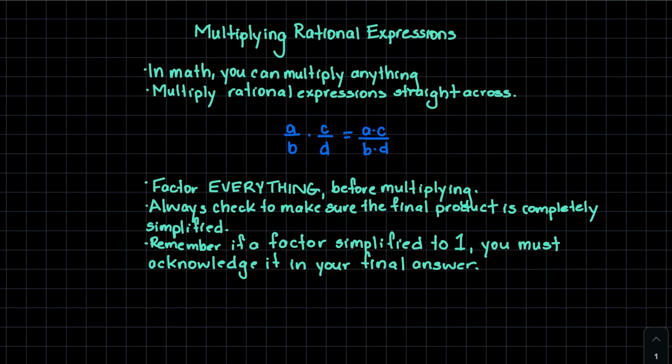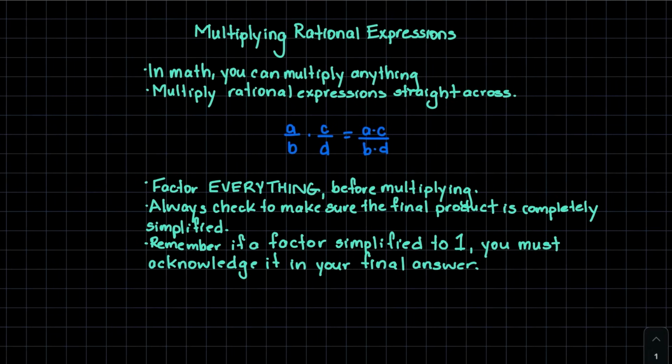We multiply rational expressions straight across, just like we do fractions. So we multiply the numerators over multiply the denominators. A hint, you don't have to do this. You can do this at the end. But for me, I like to factor everything before I multiply them together. Always check to make sure the final product is completely simplified.